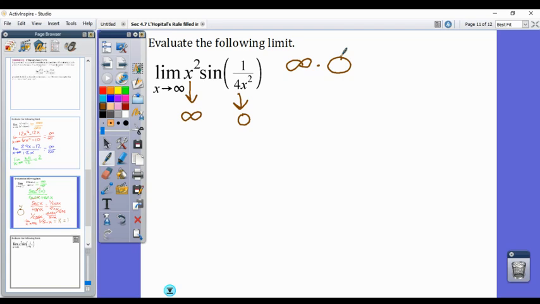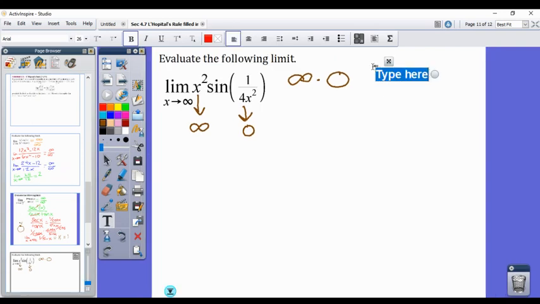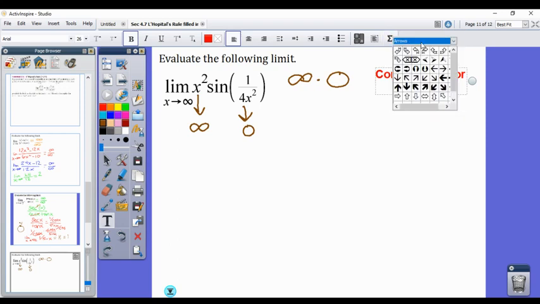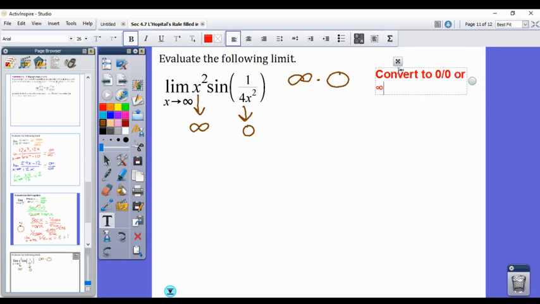So what we're going to do is convert it. And I'm actually going to type this because it's going to be faster for me to type it. So you're going to convert to 0 over 0 or infinity over infinity, and you're going to do that by dividing by the reciprocal. Okay.